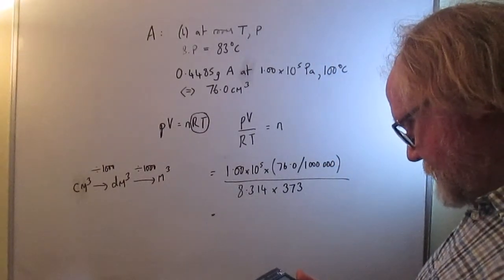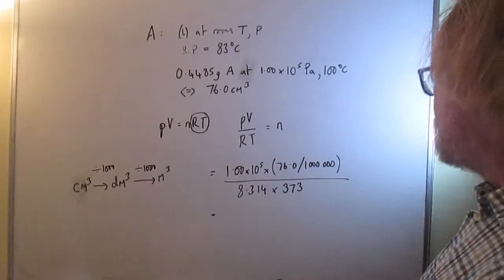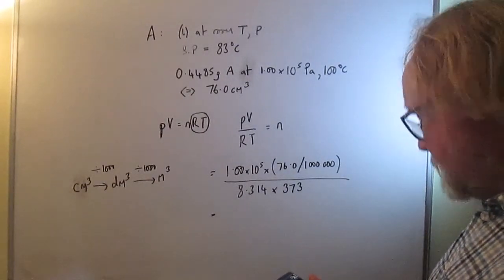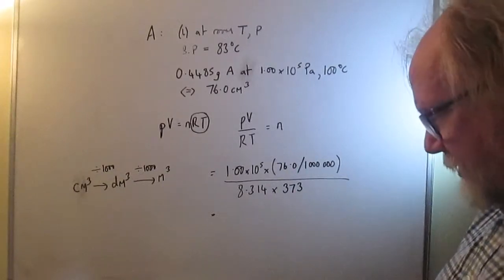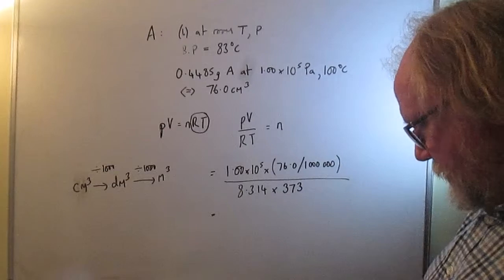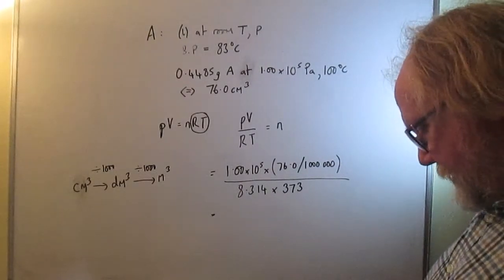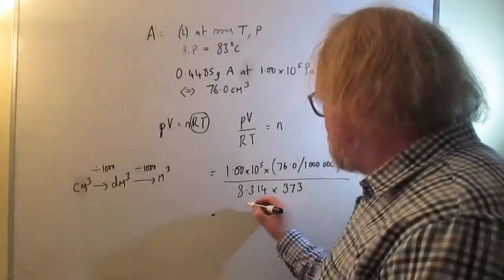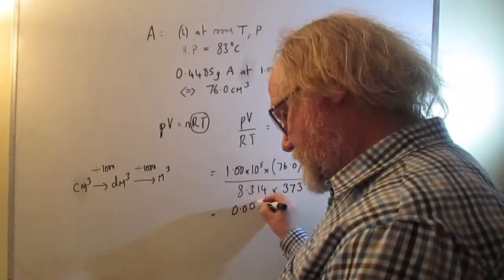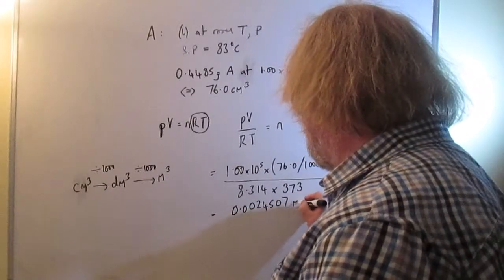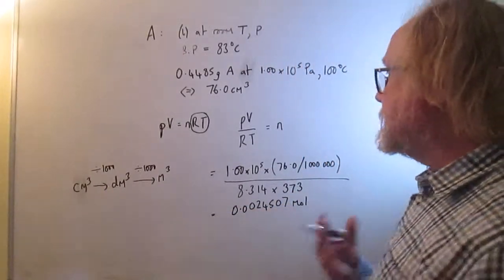So we've got 1 times 10 to the 5 times 76 times 10 to the minus 6, which is 76 divided by 1,000,000, divided by 8.314 divided by 373 is equal to 0.0024507 moles. Okay, so that's the first step.